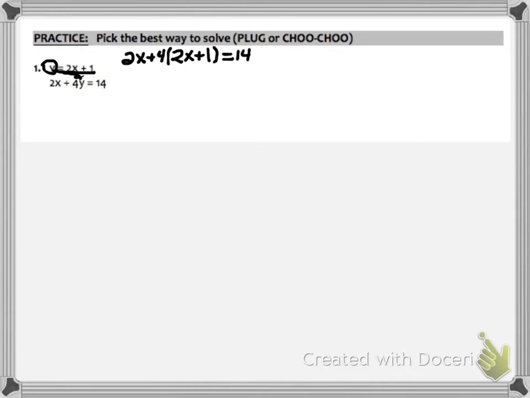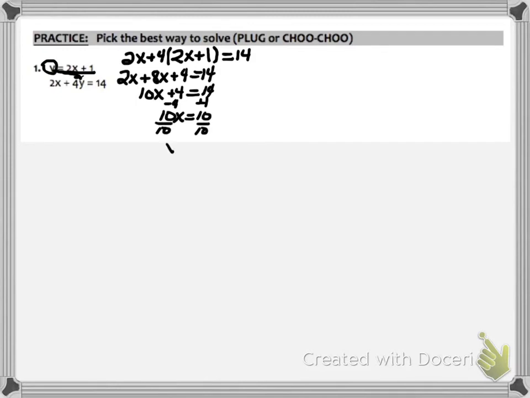I'm going to work my problem out, and I'm going to get 2x plus 8x plus 4 equals 14, which gives me 10x plus 4 equals 14. Subtract 4. I'm going to find that 10x equals 10. Divide by 10.